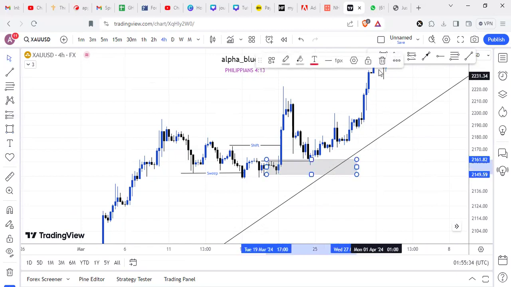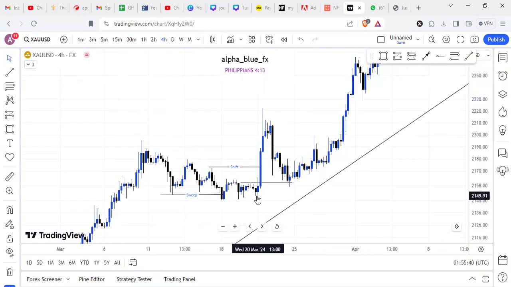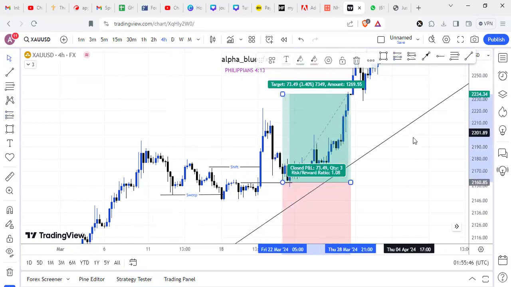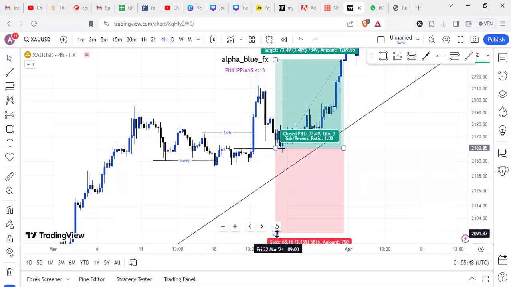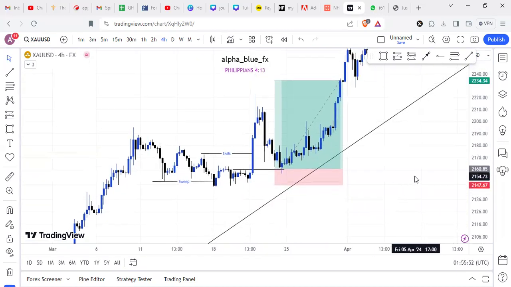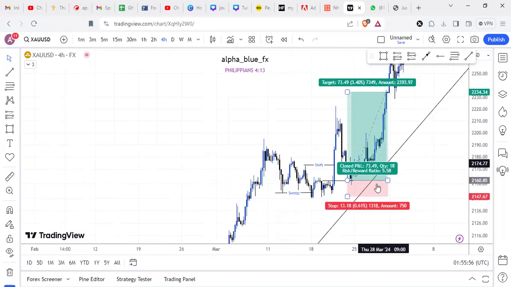So let me just delete this and let's work on this whole area of demand right here. If you use this area of demand, you will actually be able to catch this trade because your entry will be here, your TP will be above, and then your stop loss will just be below this candle. So you see that if you had done this, you would have caught a nice 1 to 5 RR with this strategy.